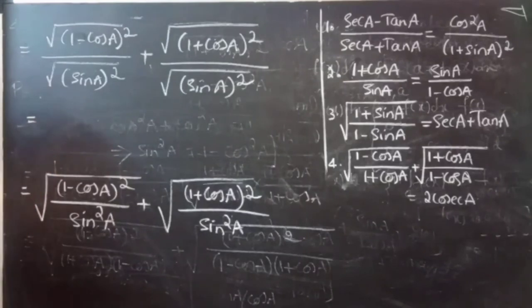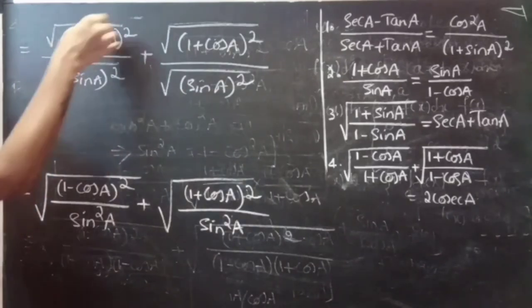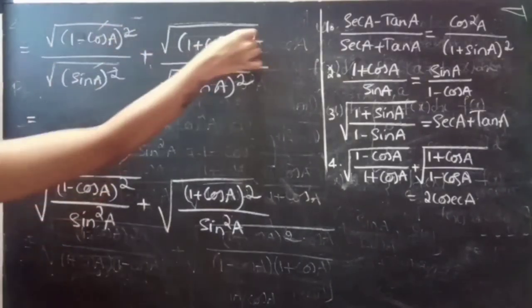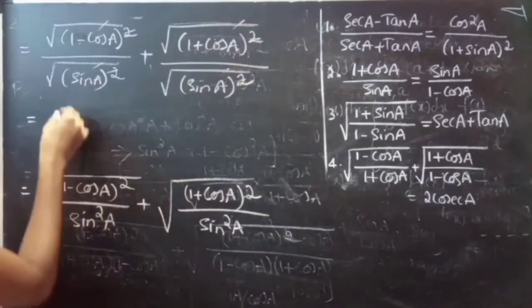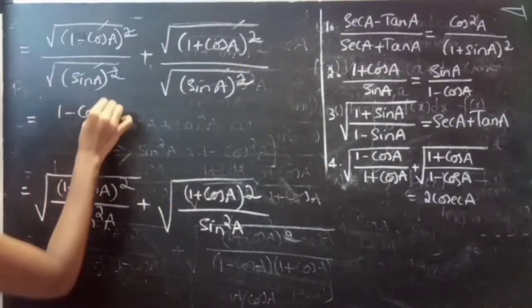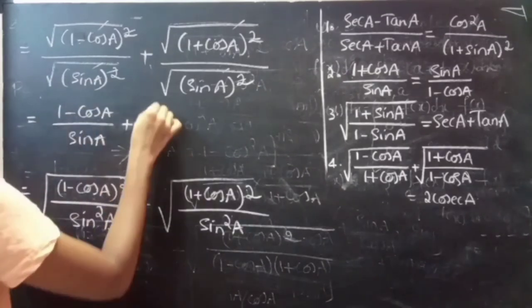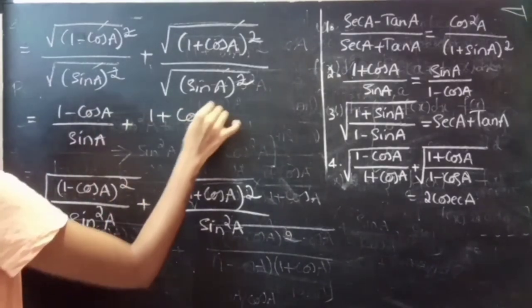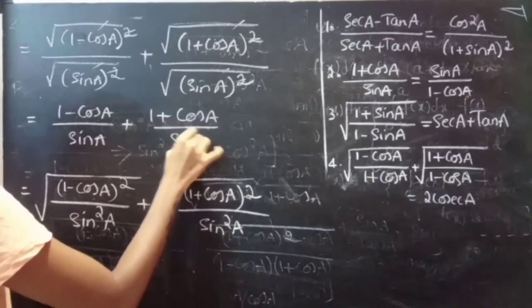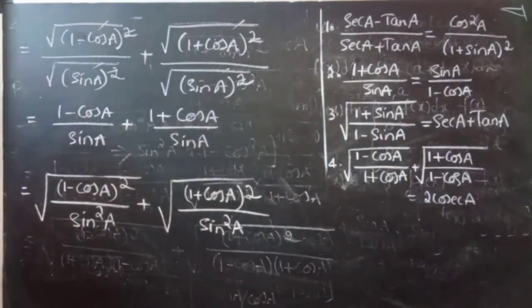So the square and root get cancelled. Finally you'll get (1 minus cos A) by sin A plus (1 plus cos A) by sin A.